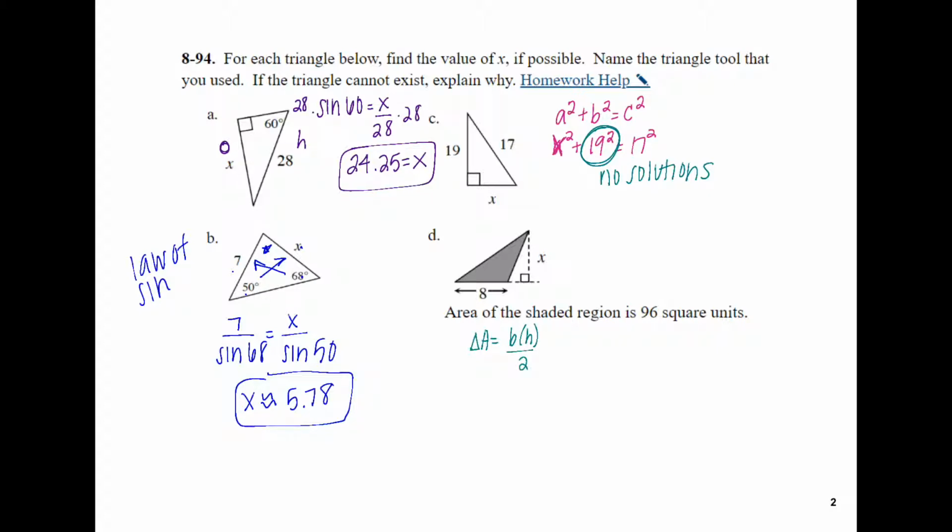So if we plug that information in, 96 is equal to 8 times h divided by 2, and use our inverse functions. The height of our triangle, or our x in this case, would have to be 24 units.